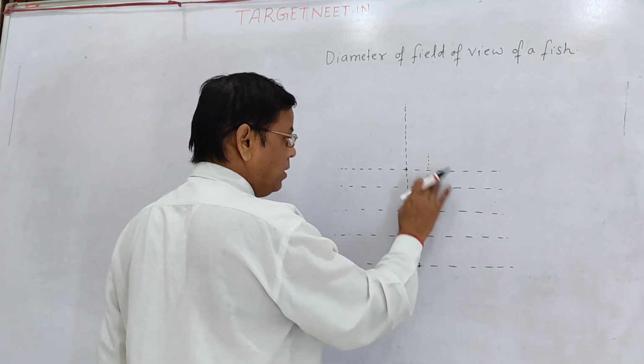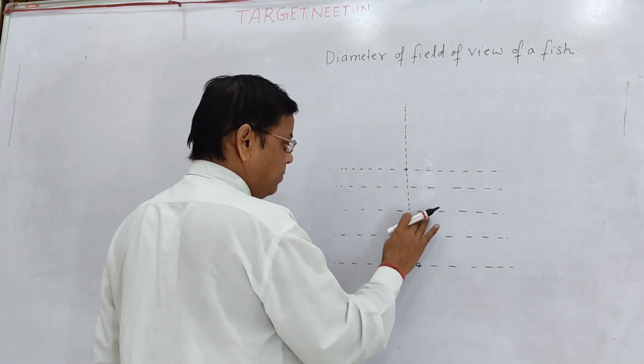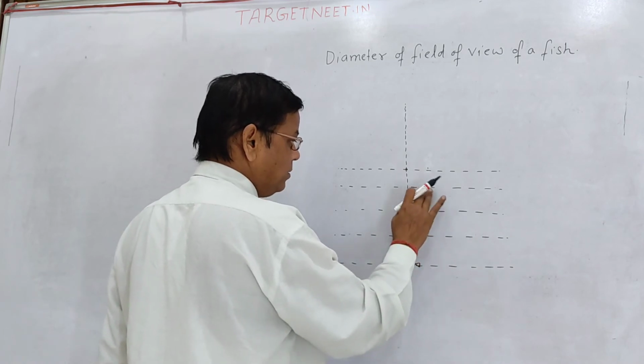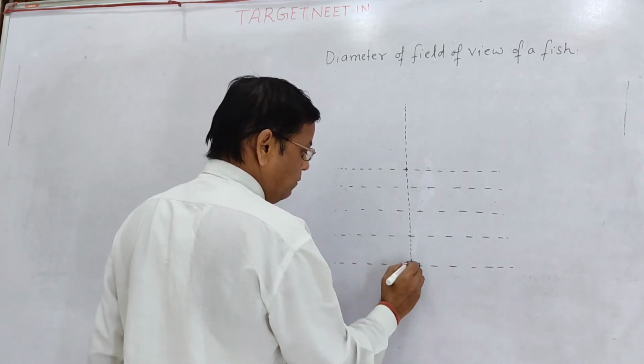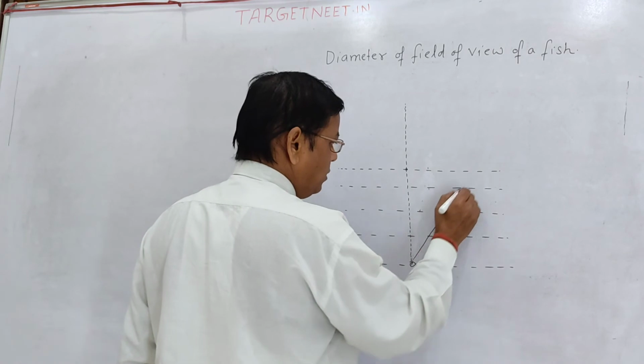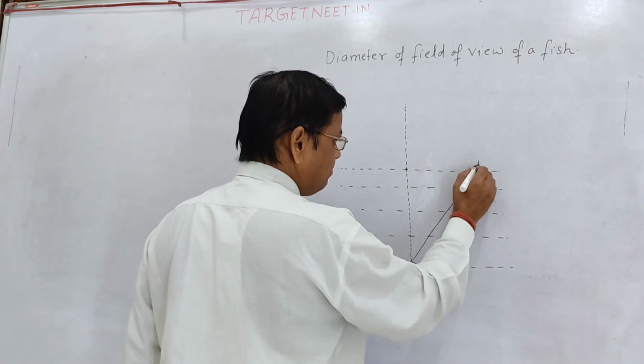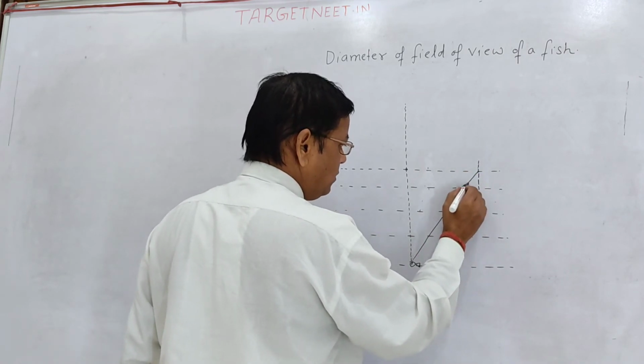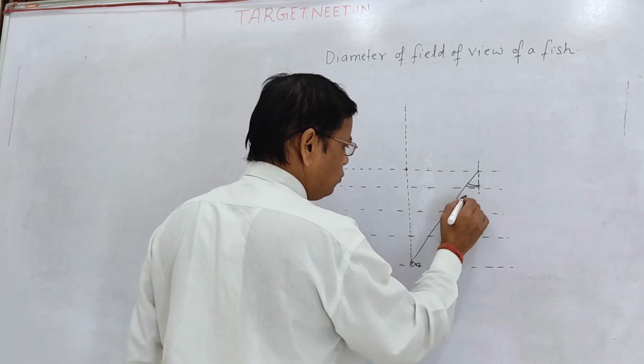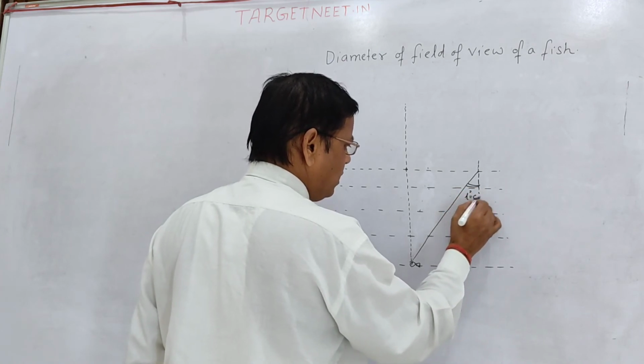Suppose I take that ray which is falling at this place, and this angle has just become equal to critical angle.